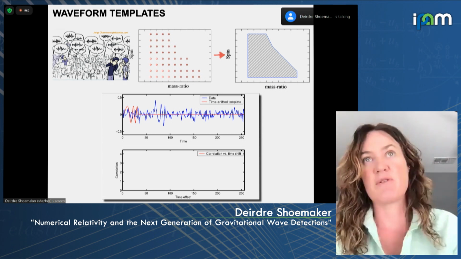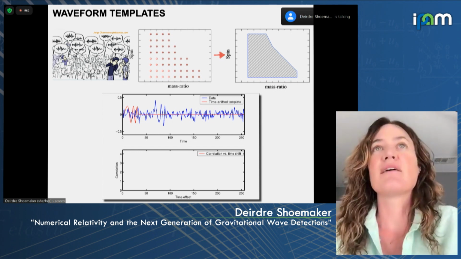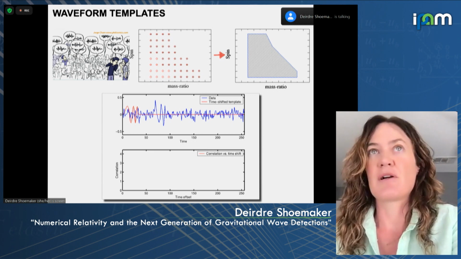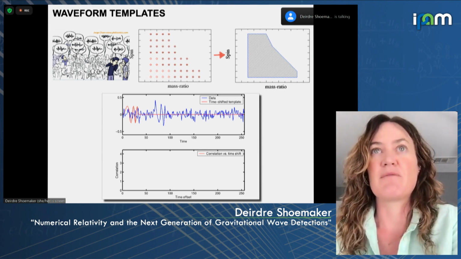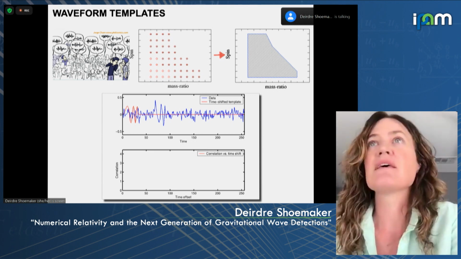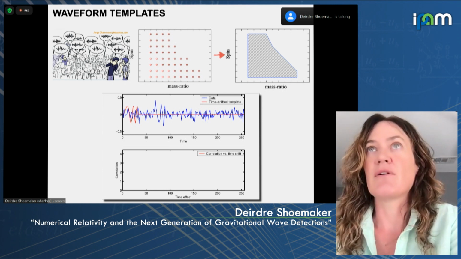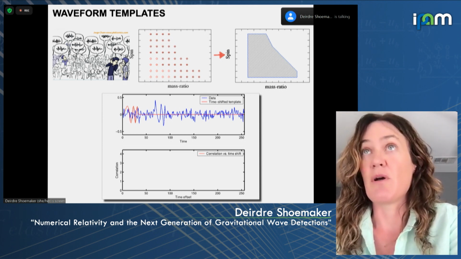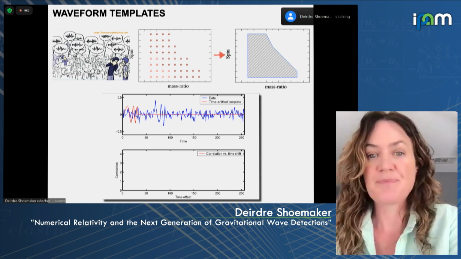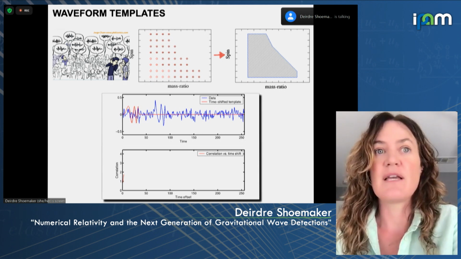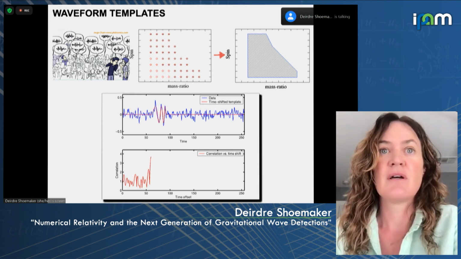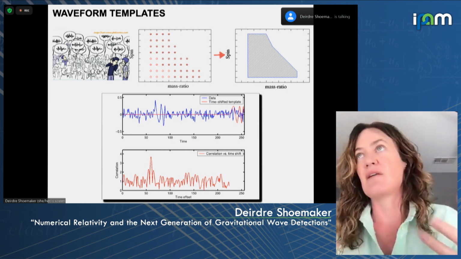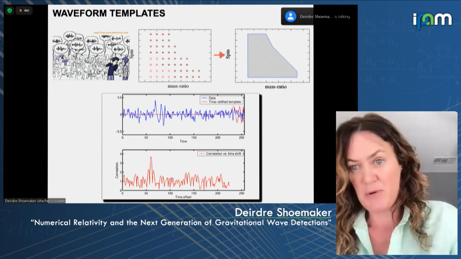So you take all of them in your bank, and the upper plot of these single red dots is what you could imagine a numerical relativity person providing, a bunch of spin versus mass ratio where we do discrete points. And then you can imagine to the right that you've got a model of the waveforms where now you have a smooth transition between all those spin and mass ratios. And then you do some kind of correlation, which is a match filter, to find the best fit template. And when you find it, then we use that template and measure its parameters, et cetera.